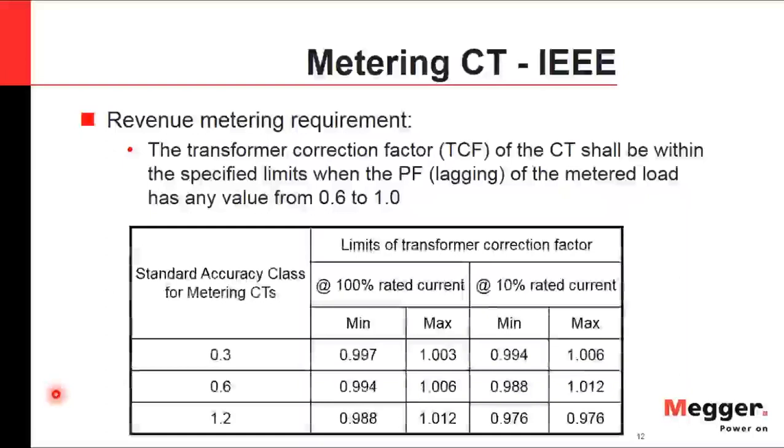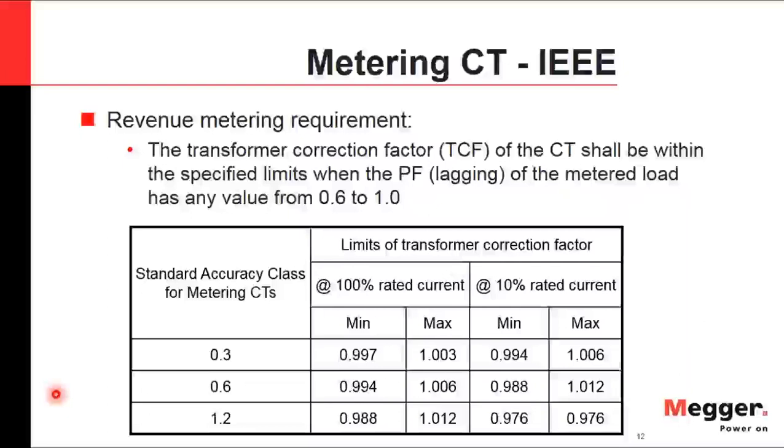As you can see in this table, according to the IEEE, the standard accuracy classes for metering CTs are 0.3, 0.6, and 1.2. We have additional classes with higher accuracy, 0.15. But the standard ones listed right now, and the ones that we're going to discuss right here, are 0.3, 0.6, and 1.2.